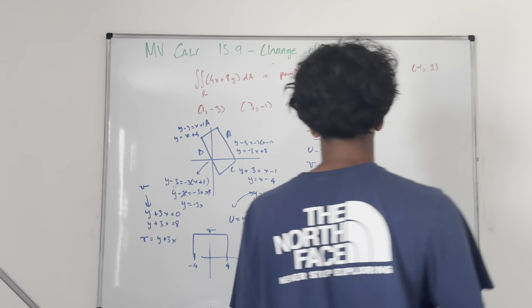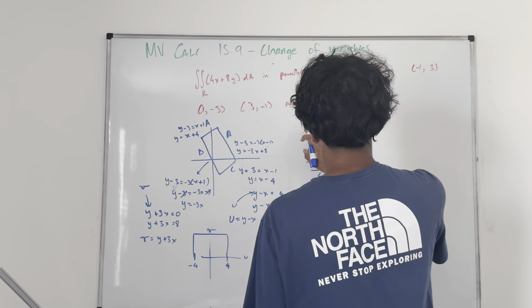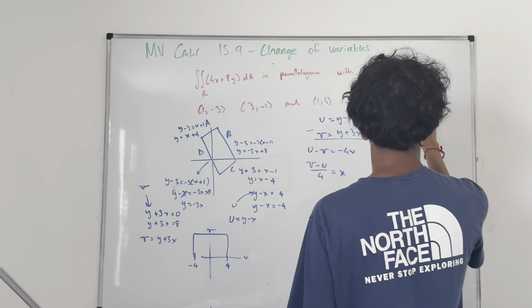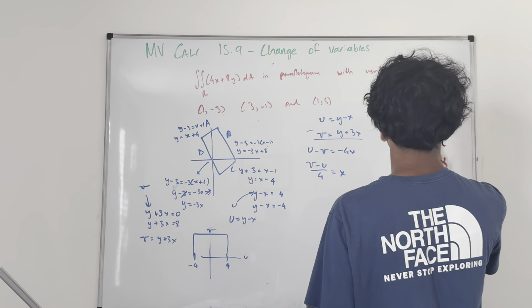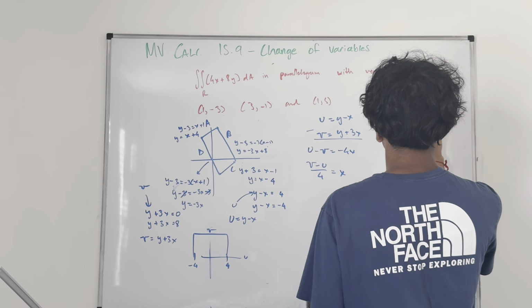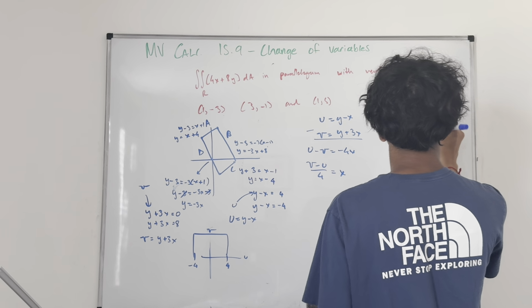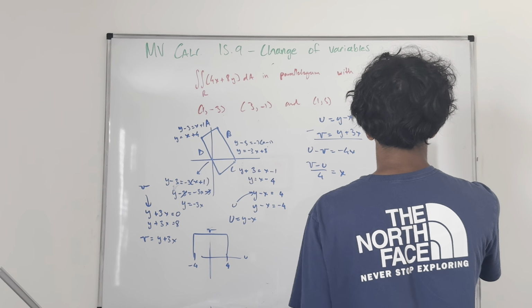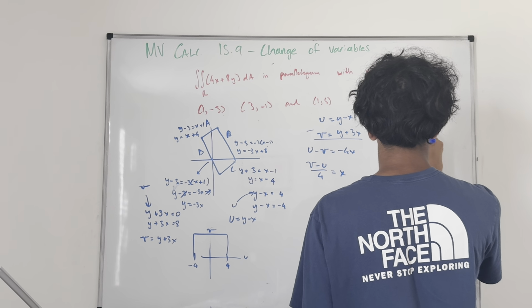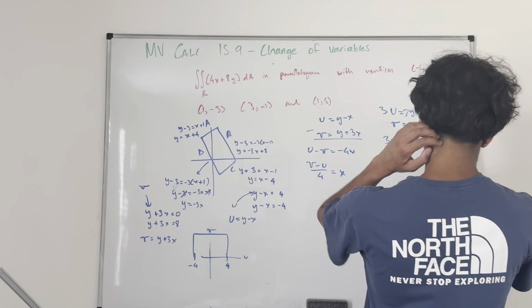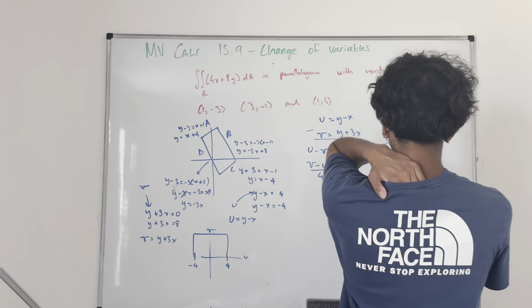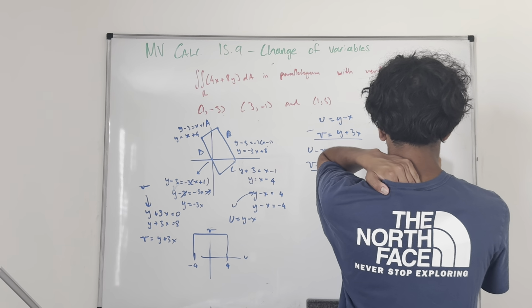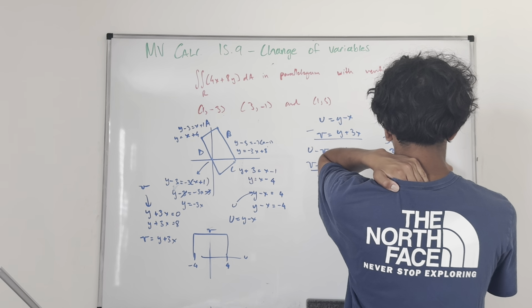And then I can do the same thing now, where this time, if I have u equals y minus x, v equals y plus 3x, I multiply by 3, and then I can just add, right? So I get 3u plus v is going to equal 4y, or 3u plus v over 4 equals y.